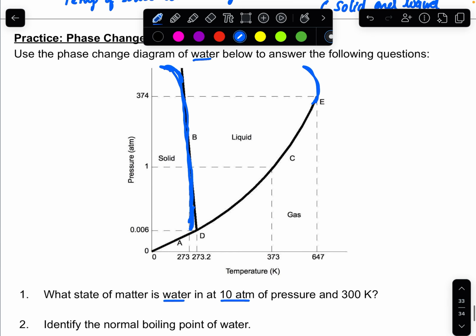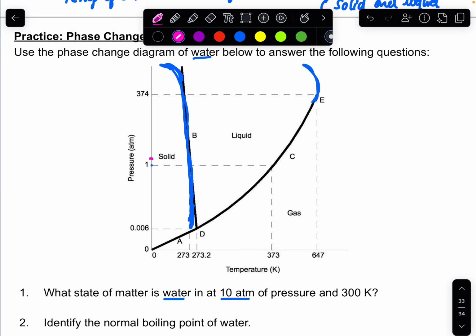Okay, so 10 atm. So this is 1 atm. Then the scale is very big, so you have to assume 10 atm is somewhere here, right? 10 atm here. And 300 Kelvin. So this is 373. This is 273. So it will be somewhere here, right? So I'm going up that 300 Kelvin, and when I reach here at 10 atm, the scale is very difficult, you know.